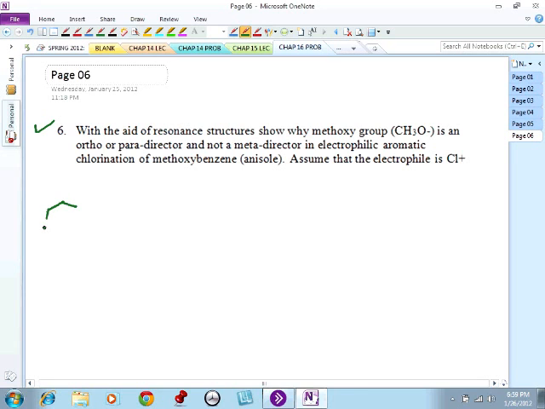You have to show all the resonance structures and show how one of the resonance structures is impossible. Exactly. So in other words, we need to draw the reaction mechanism. The first thing we need to know is the structure of anisole, which is methoxybenzene. What kind of director is the methoxy group?